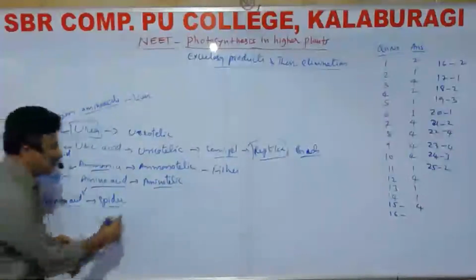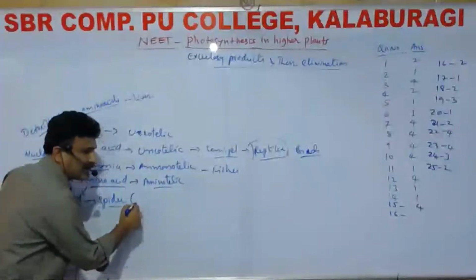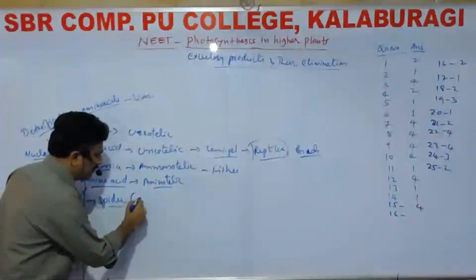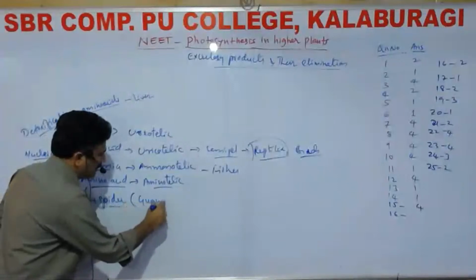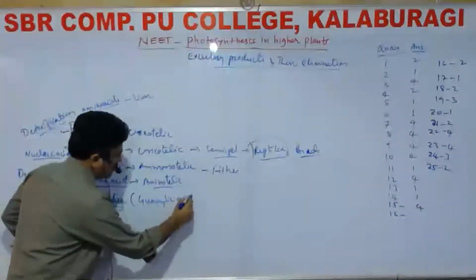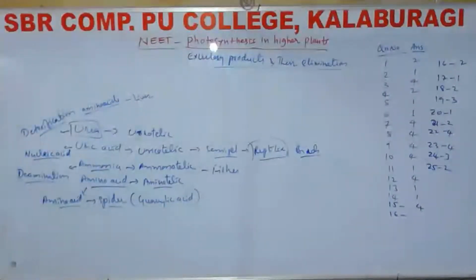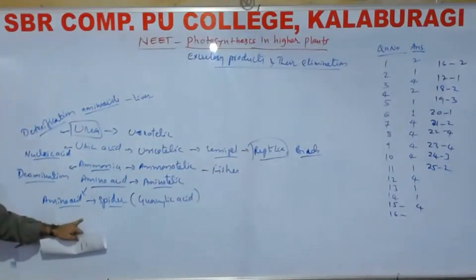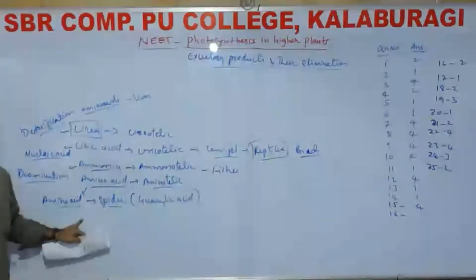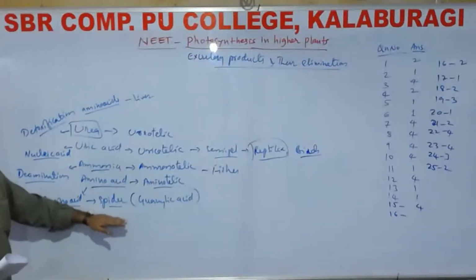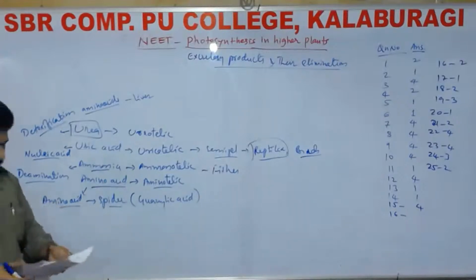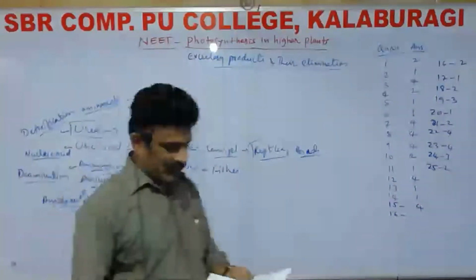The spider eliminates guanine as a nitrogenous material. Guanine is produced during the metabolism of nucleic acid, as one of the end products. So that will be eliminated by these spiders. Okay, so that's why your option is the second one.